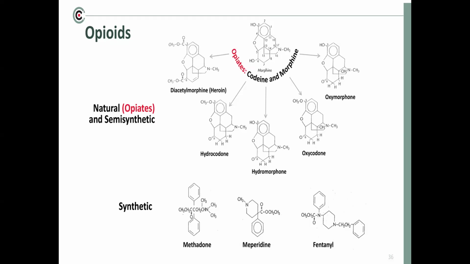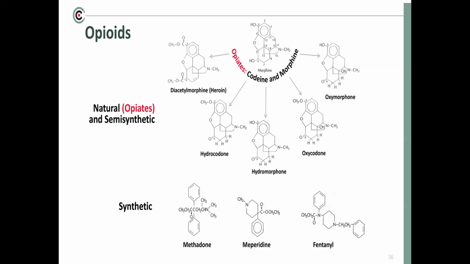Now, there are drugs that were derived from these two drugs, and these are called semi-synthetic opioids, such as hydrocodone, hydromorphone, oxycodone, oxymorphone. These have the same chemical formula as morphine and codeine.